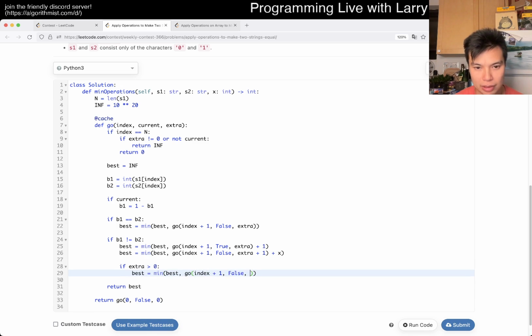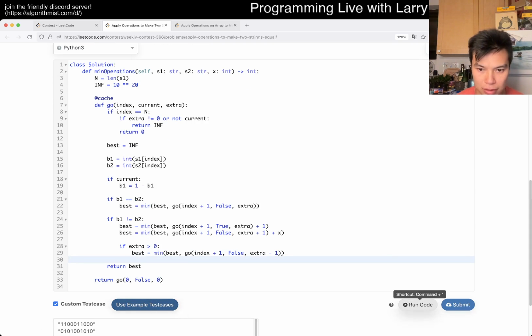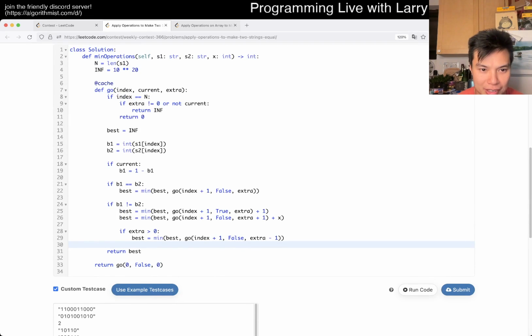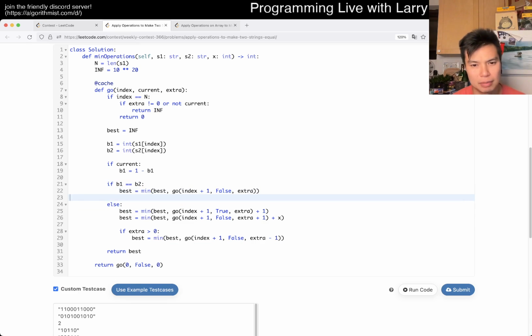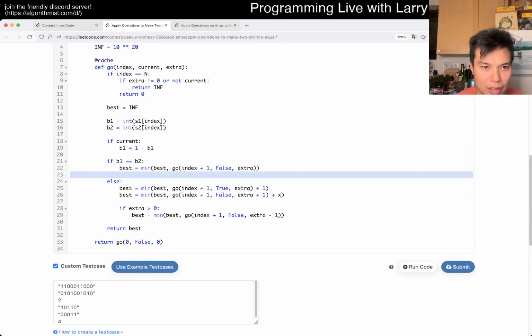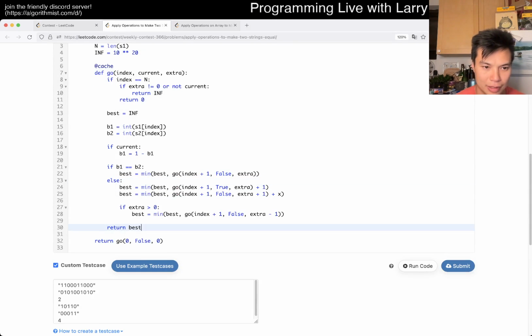So then now this is extra -1. Okay. So I'm doing infinity somewhere. Oh. I guess this is just an else. Yeah, because it's the same, then you can't use any of these anyway, I think. Okay, but then why do I return this? Oh, because it's not possible for some of these.